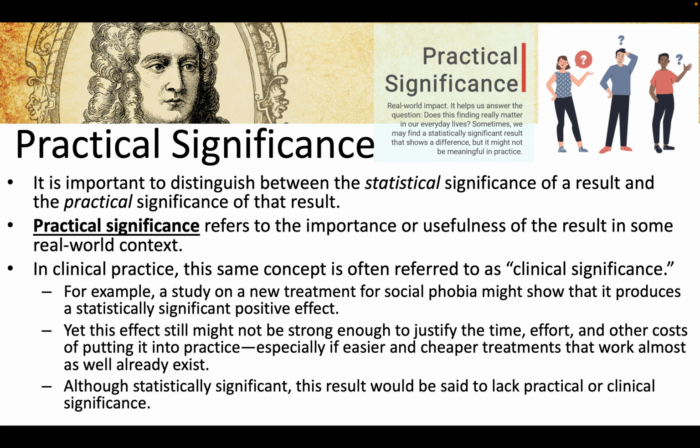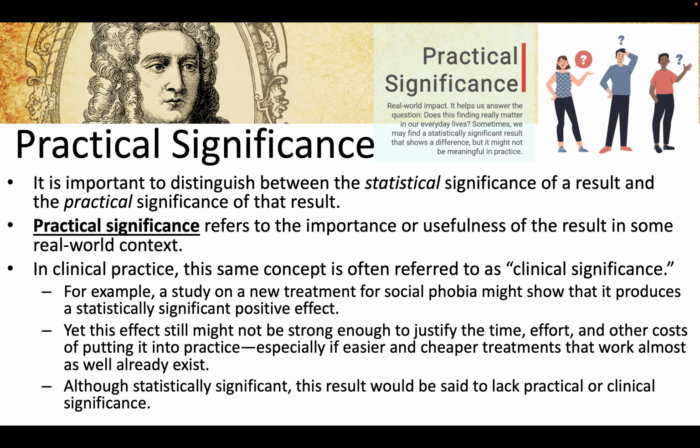It is important to distinguish between the statistical significance of a result and the practical significance of that result. Practical significance refers to the importance or usefulness of the result in some real-world context. In clinical practice, this same concept is often referred to as clinical significance. For example, a study on a new treatment for social phobia might show that it produces a statistically significant positive effect.